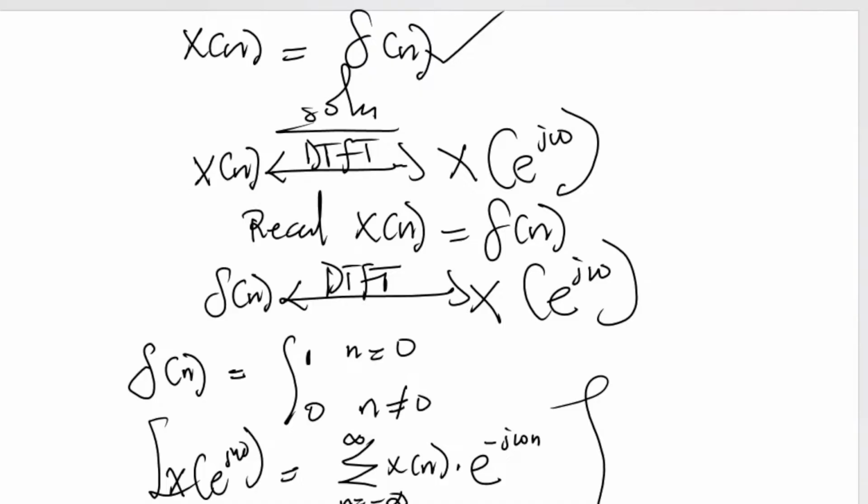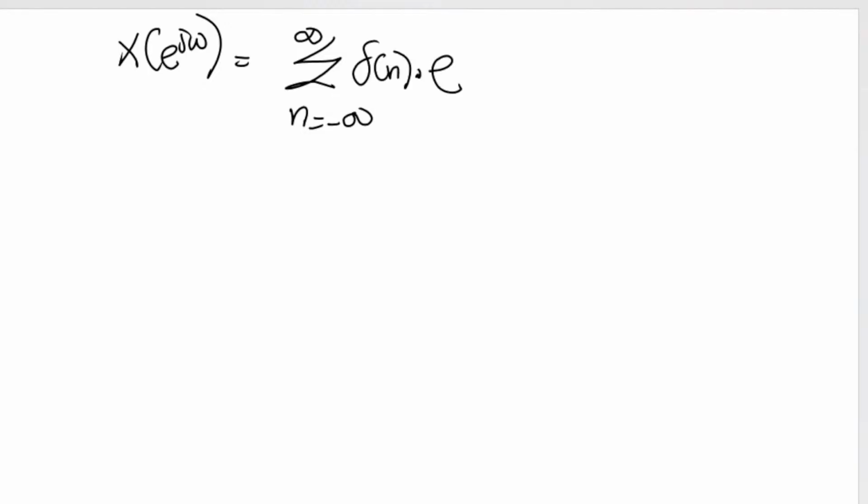So if we are considering the frequency domain in terms of delta n, we'll simply have that our new frequency domain equation, X of exponential jw, will be equal to the sum over n from minus infinity to infinity, of delta n multiplying exponential minus jwn. With this, your examiner can see that you are considering the formula for the frequency domain in terms of your impulse signal.